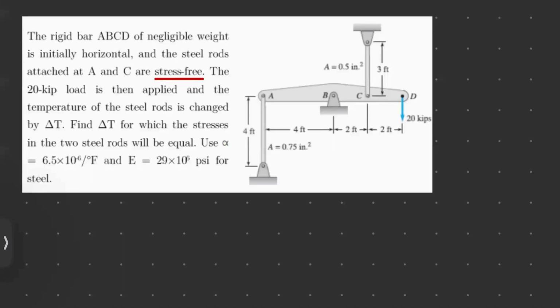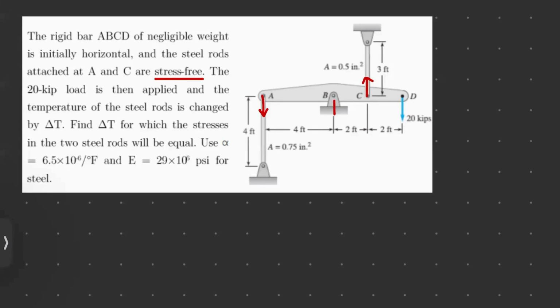In this problem, we have two steel rods attached to the rigid bar, and similar to the previous problem, we know that it would apply an opposite force to where it is attached. We also have a support at B, which means that some of the weight is carried by this support.